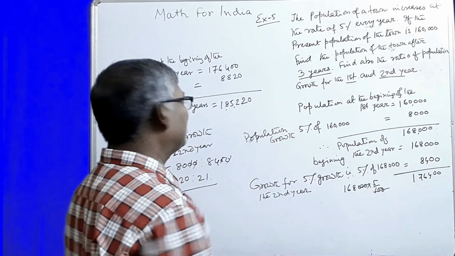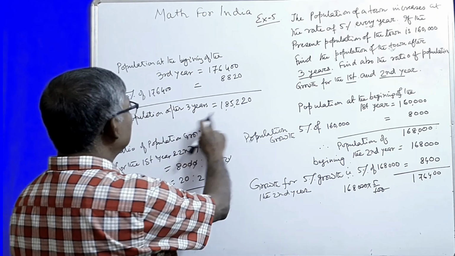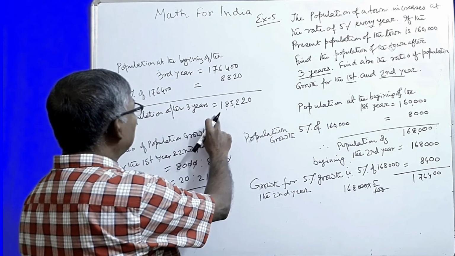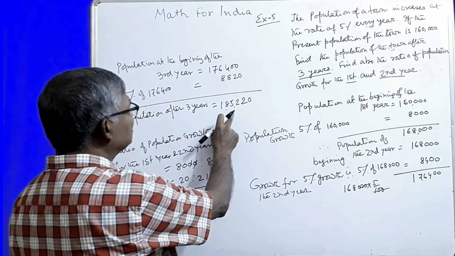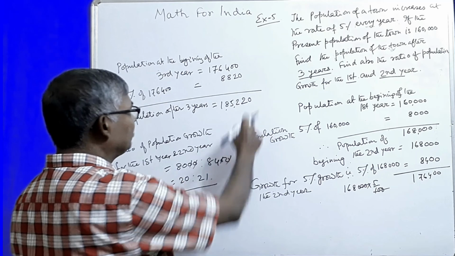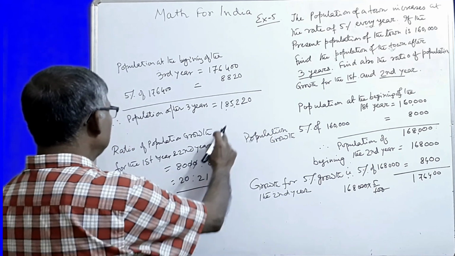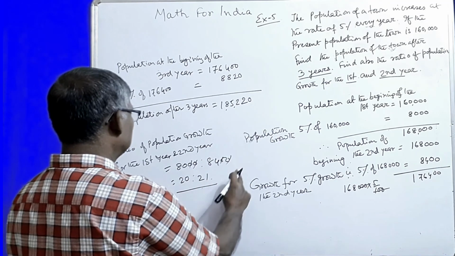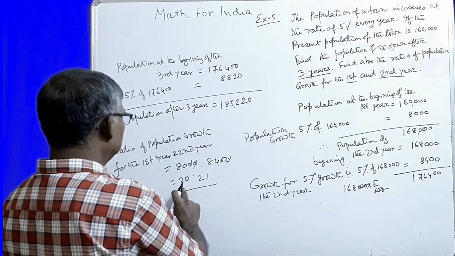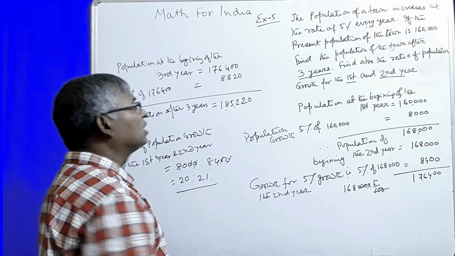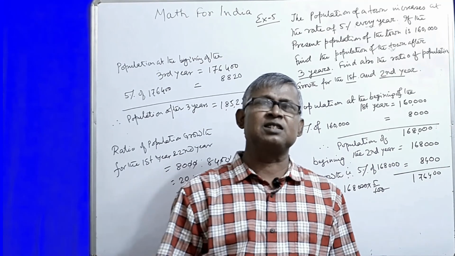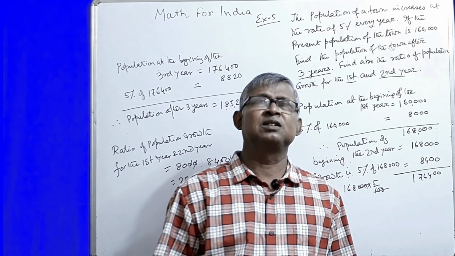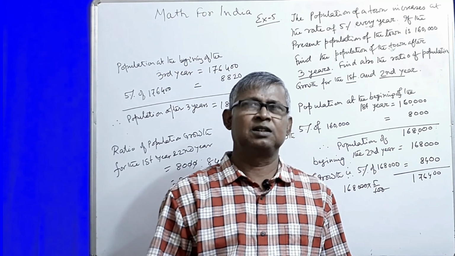And finally, we get population of the town after 3 years, that is 1,85,220, and the ratio of the population growth of the town is 20:21.